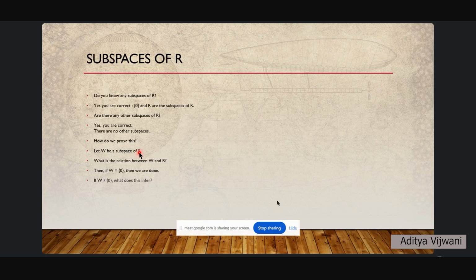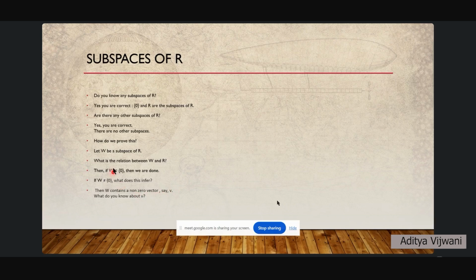Remember, W is a subspace of R. So if W is not equal to the zero vector, then what elements will be in W? W will contain some non-zero vector, so let me name it V. Now what do you know about V?